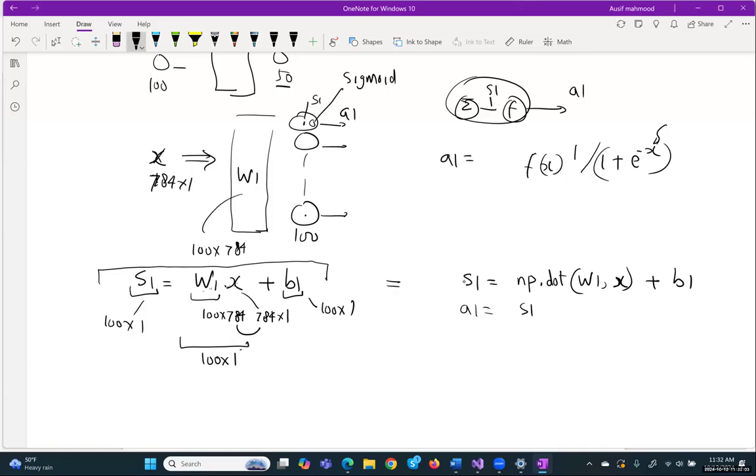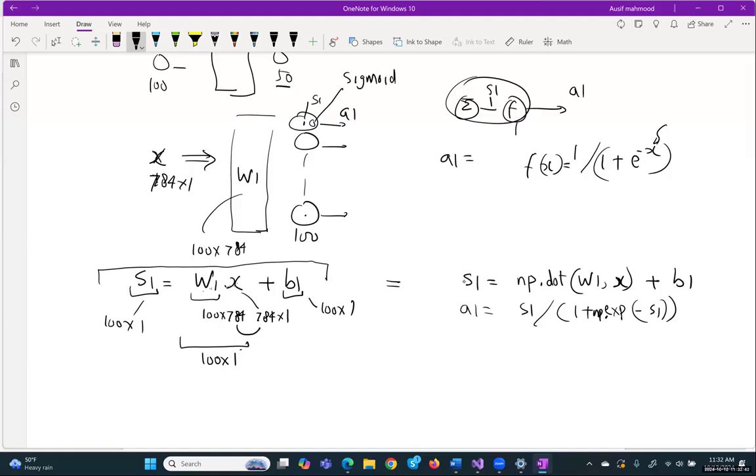If x is the input, the sigmoid produces this. If this is sigmoid, what is the input going to it? S1. So it will become 1 over 1 plus exponent of minus S1, right? And this could be np.exp.